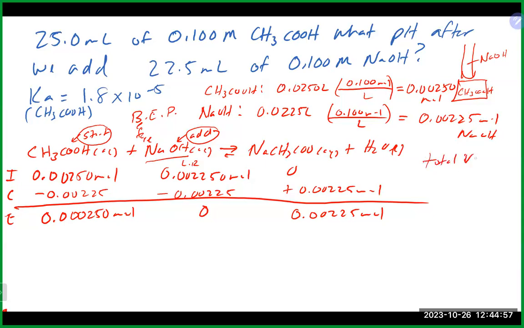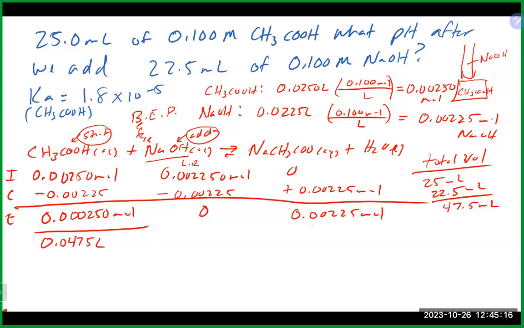I'm going to now add my total volume at this point to convert back to molarity, which is good practice here. So we started with 25 milliliters of our acid. We added 22.5 milliliters of our base to it. That's 47.5 milliliters. We're going to convert that to liters by dividing by 1,000.